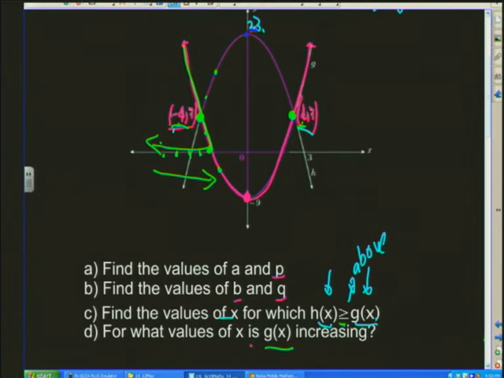Your y values are decreasing. That y value is less than that y value, and it keeps decreasing, as your values for x increase. So anywhere beyond that point, we have a decreasing function.